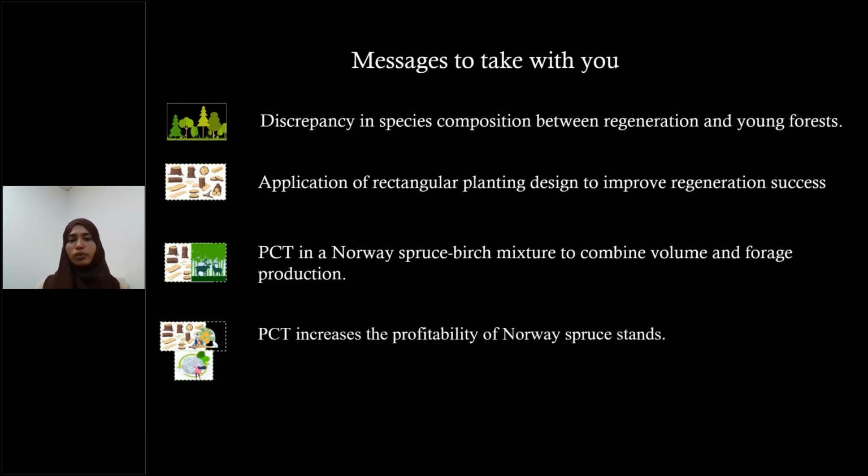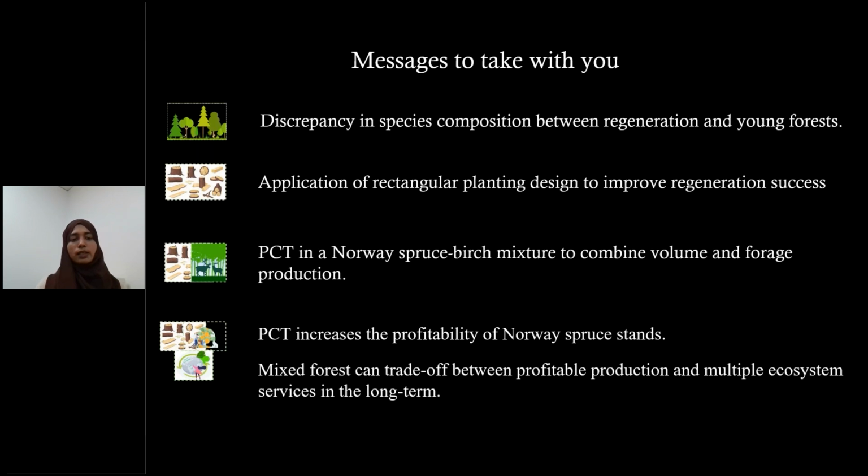So as long as forest owners do the pre-commercial thinning, they can choose when to do it, at least in the sites where we conducted the study. And lastly, some form of mixed forest, like in our case, keeping 1,000 Norway spruce and 1,000 birch, can trade off between profitable production and multiple ecosystem services in the long term.